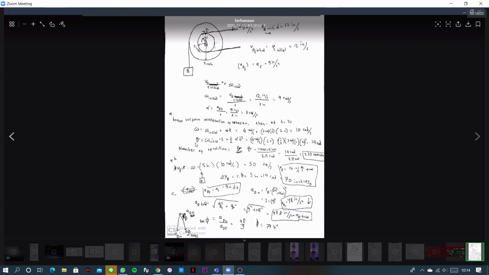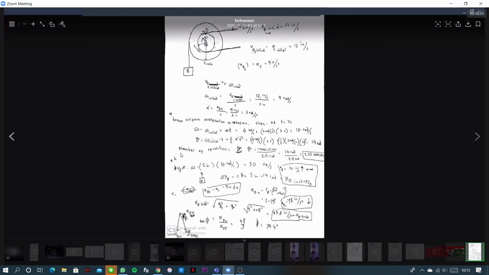The position in terms of rotation equals initial omega times time t plus 1/2 times rotational acceleration times t squared. We get the position is 14 radians.